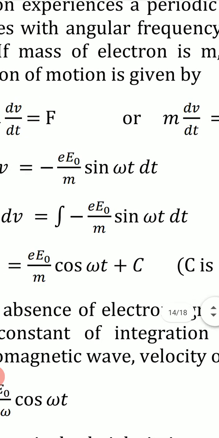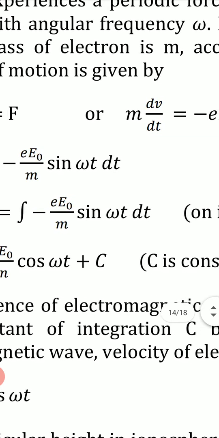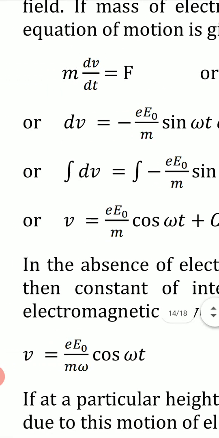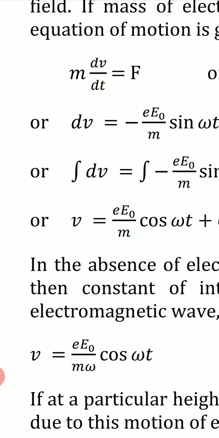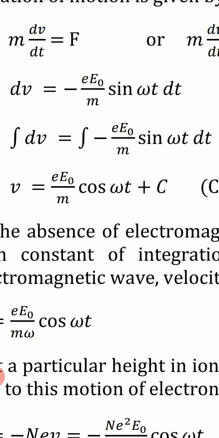Now from this equation we write expression for dv. dv will be equal to minus eE0 upon m sin omega t dt. And if we integrate this equation, then integral dv is equal to v, and on the right hand side minus eE0 upon m is constant taken outside the integral, and integral sin omega t dt will be equal to minus cos omega t upon omega.